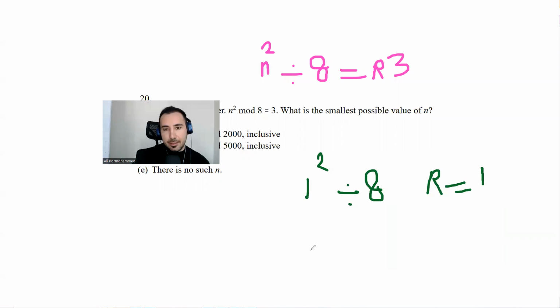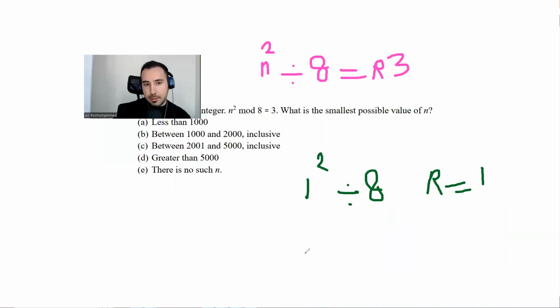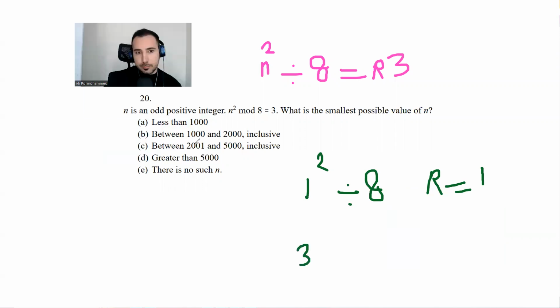What if we have 3 squared? Okay, it's going to be 9. And 9 divided by 8. Again, the remainder will be 1, right? So the next one, 25 divided by 8.